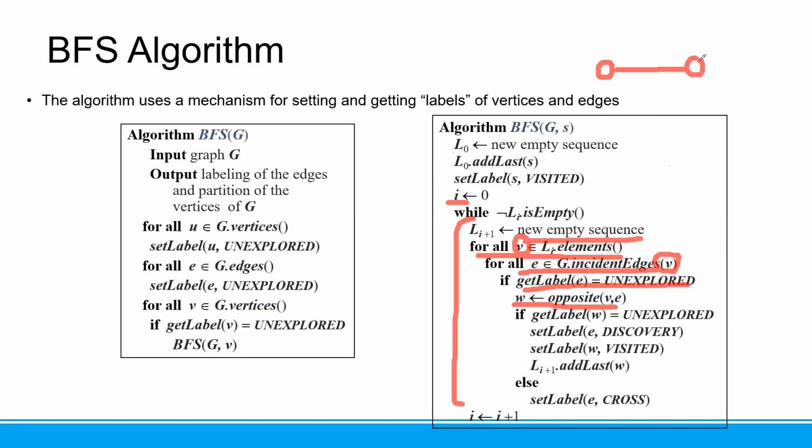If the label of w, which is this node, is unexplored, then set the label of this edge as discovery, and then set w as visited. Then Li+1 will get a new element, which is w. If I start from 0, now i is 0, then L1 will have a new element, w.